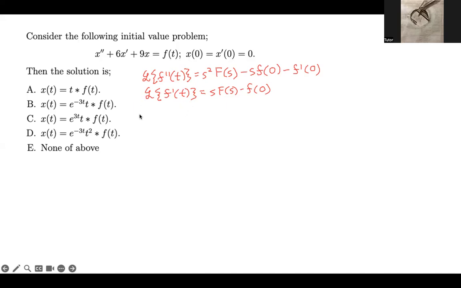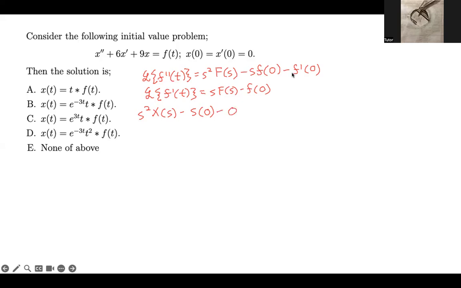So applying this to our problem, we can say that x double prime can be expressed as s squared times X of s minus s times 0, since x of 0 is 0 and x of 0 corresponds to our f of 0 here.